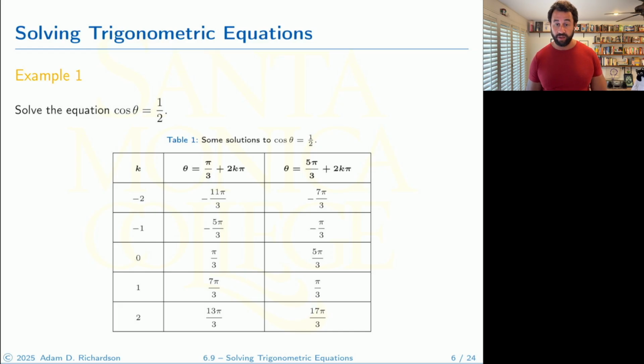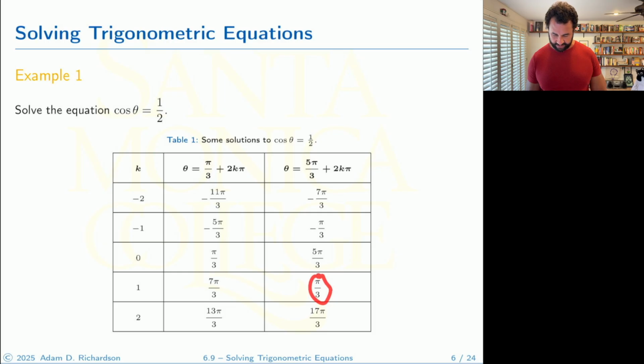When k is equal to 1, we're adding 2 pi to pi over 3 to get 7 pi over 3. And we're adding 2 pi to 5 pi over 3 to get... wait a second, that doesn't seem right. I think I got lost here. 5 pi over 3 plus 2 pi.